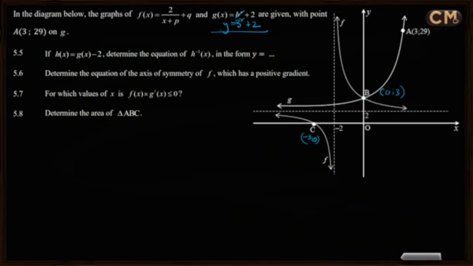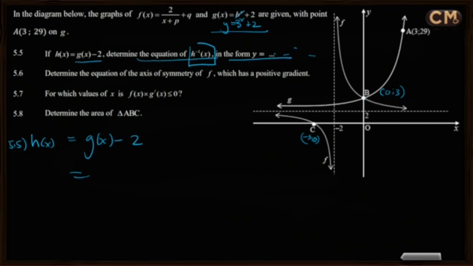Okay, 5.5. If h of x is equal to g of x minus 2, so let's write that down because I like doing that. That's 5.5. So g of x minus 2. Determine the equation of the inverse of h of x in the form y is equal to some equation. So first things first, we'll take g of x and we'll sub it in over here. We can substitute y values.